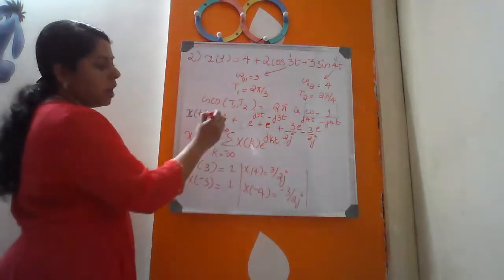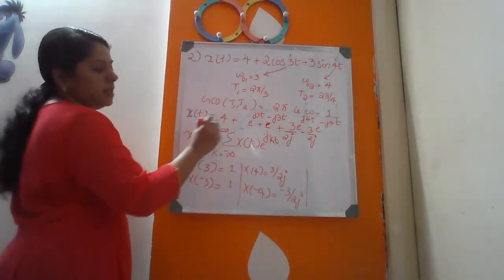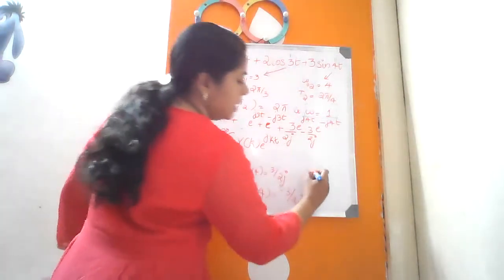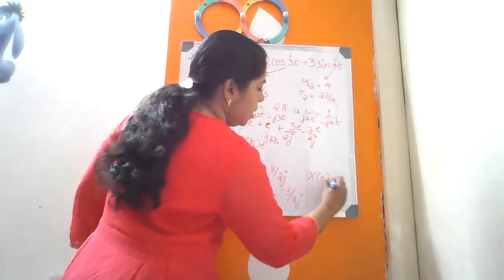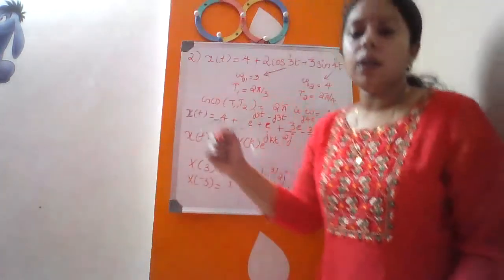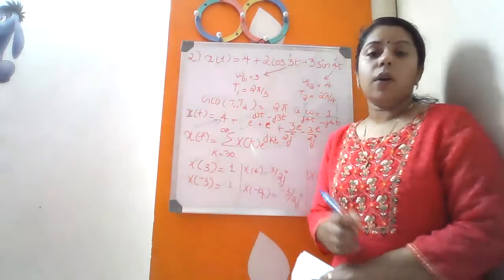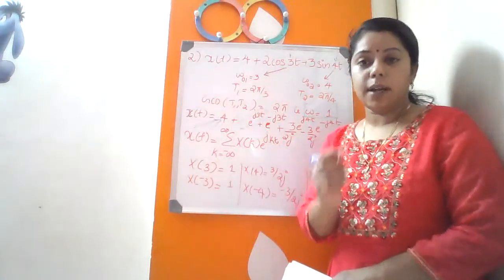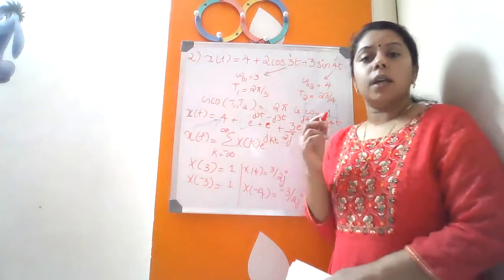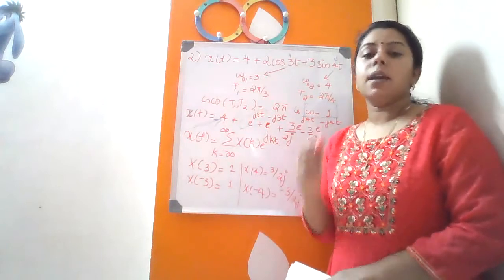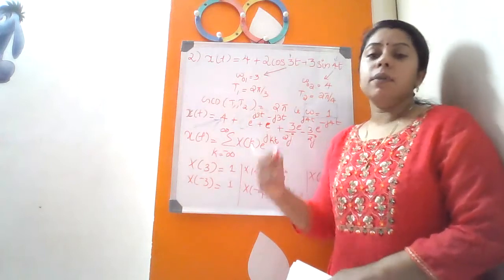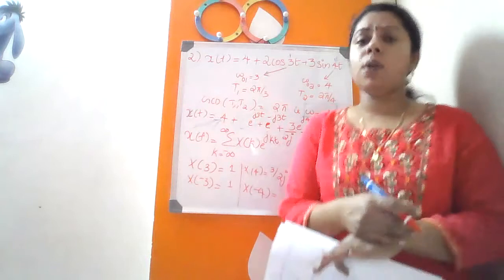And what about this? This is at k equal to 0, that is x of 0 is 4. So you got all the Fourier series coefficient values, that is, for k equal to 0, k equal to plus or minus 3, k equal to plus or minus 4. This is how we find the Fourier series coefficients.